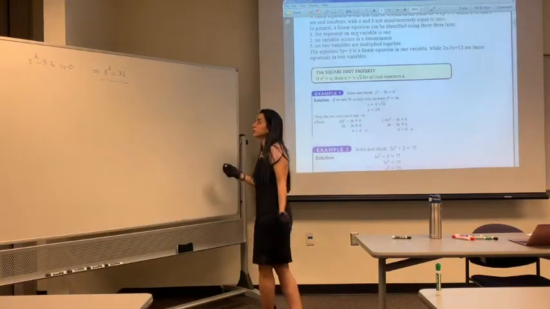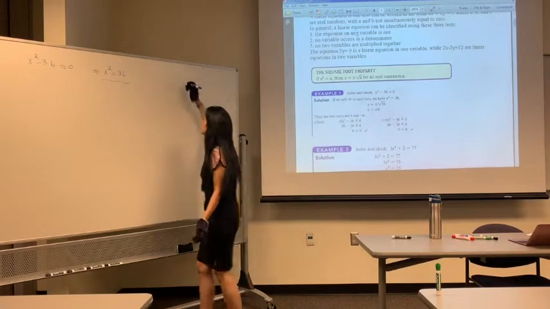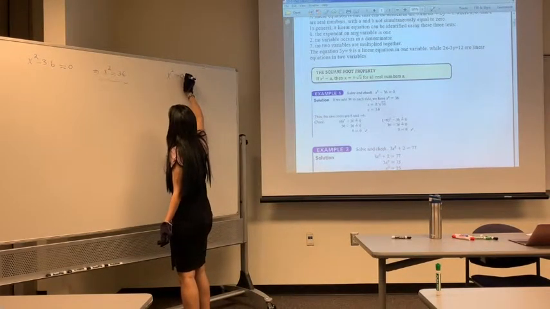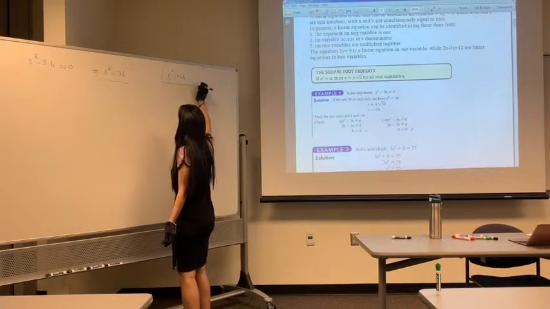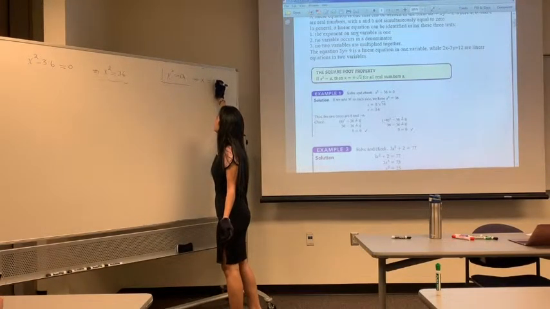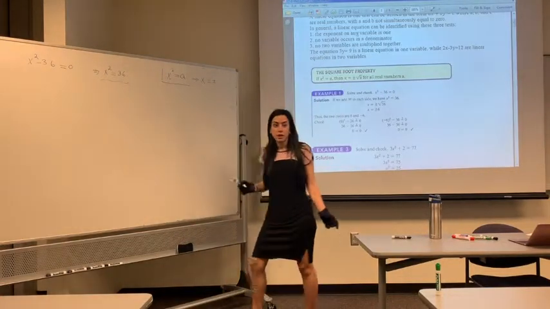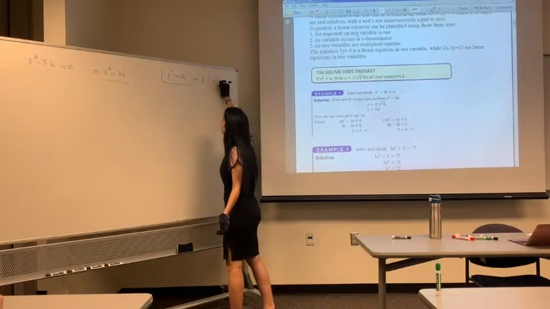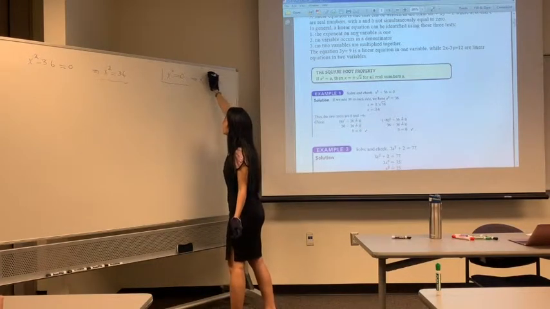Now the way we solve this for x is called the square root property. If we have x squared equal a, x can be two answers, either a positive number or a negative number, and this number would be the square root of a.